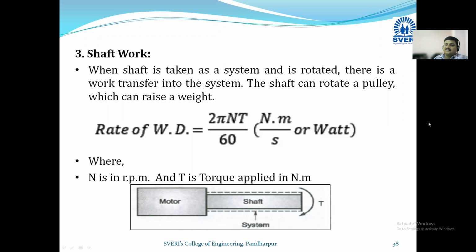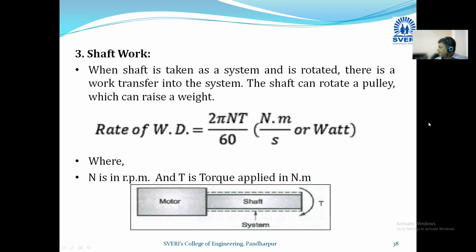And when the buckets or the vanes of the turbines are rotating, shaft is also getting rotated. Means shaft is moving along its own axis. स्वतःच्याच ऍक्सिस भोवती शाफ्ट फिरत असतो, गरगर गरगर फिरत असतो.